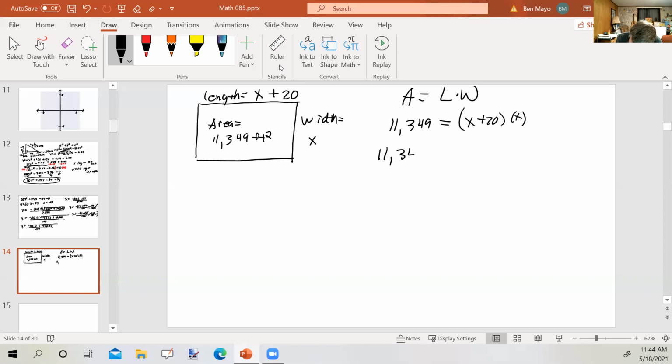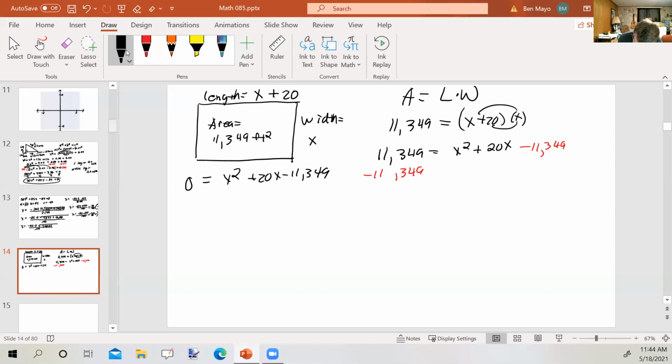Or 11,349 equals, distributing gives us, x squared plus 20x. I'm going to subtract 11,349 from both sides. So I get 0 equals x squared plus 20x minus 11,349. Okay.